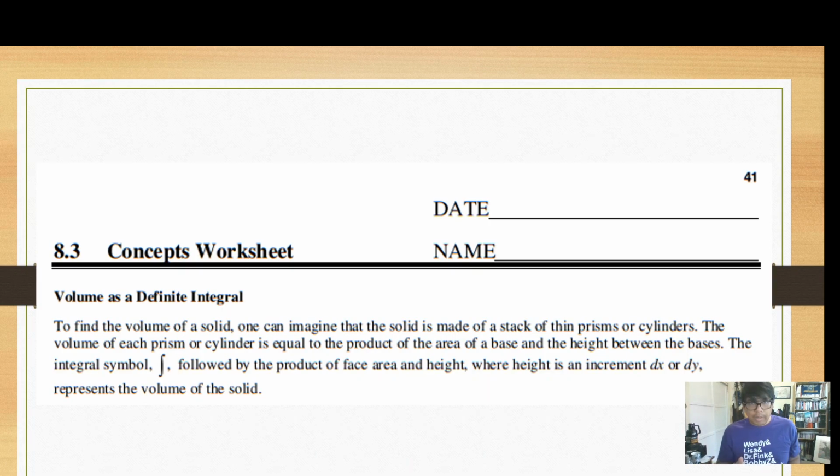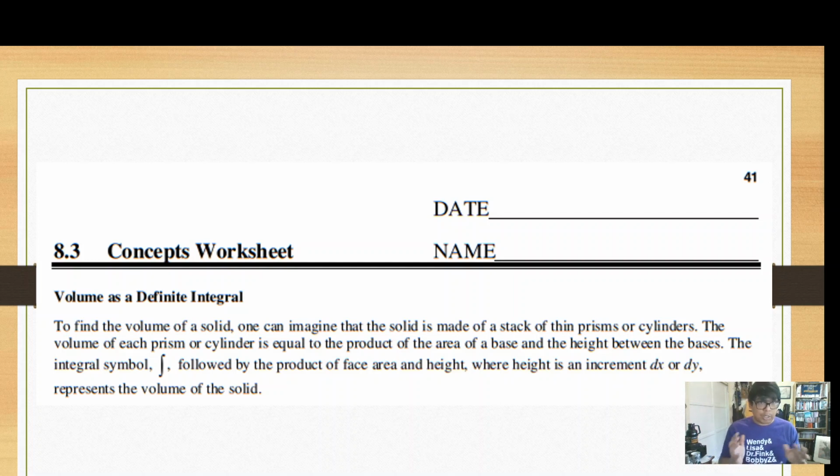Okay, so we start off with a little bit of conceptual stuff. The volume of a solid, if you will remember, is basically the volume of a bunch of really thin prisms, or cylinders in the case of rotations, all stacked up together. When you add up all of those small volumes, you get the volume of the whole solid. The process by which we add all of those volumes together is integration.